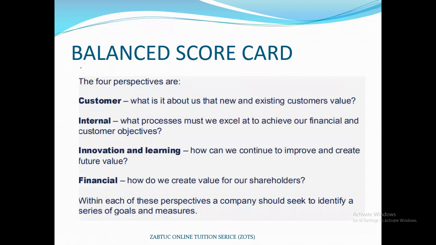Just to reinforce what we covered in our class, here is another simplified way of looking at the scorecard. The 4 perspectives are customer, where we answer the question, what is it about us that new and existing customers value? So that is another way of looking at the customer perspective.